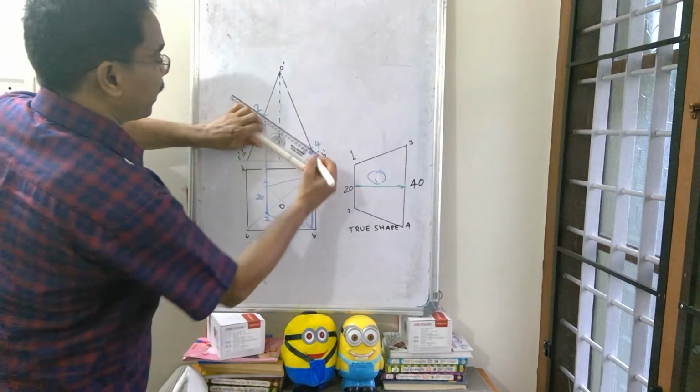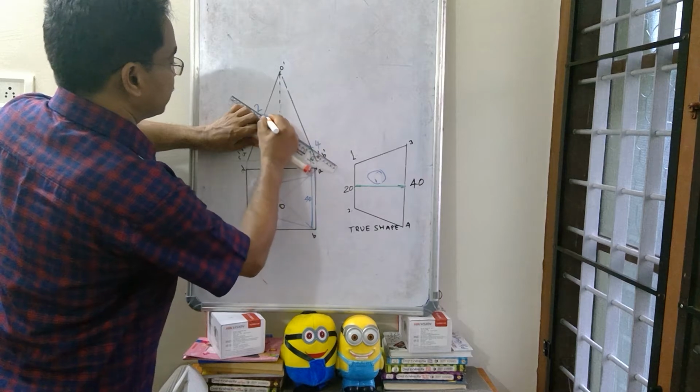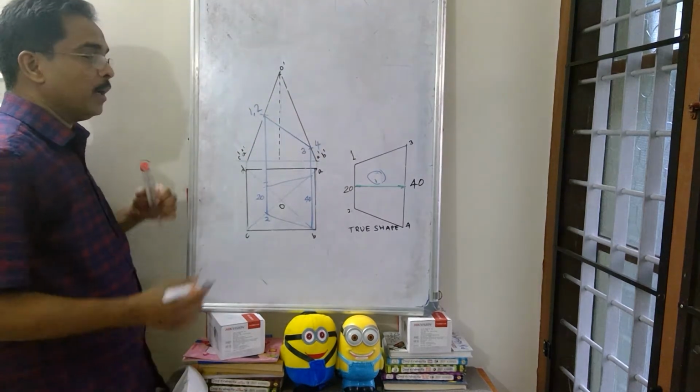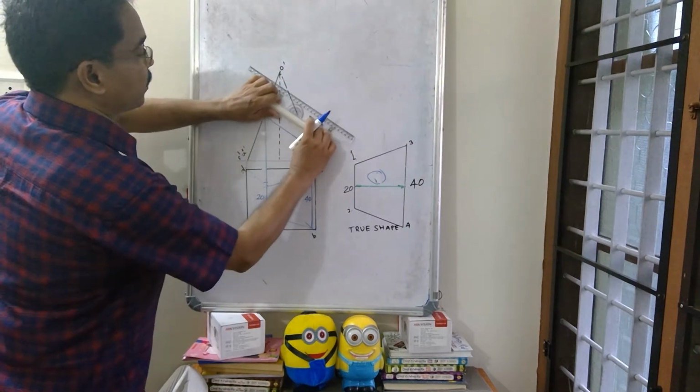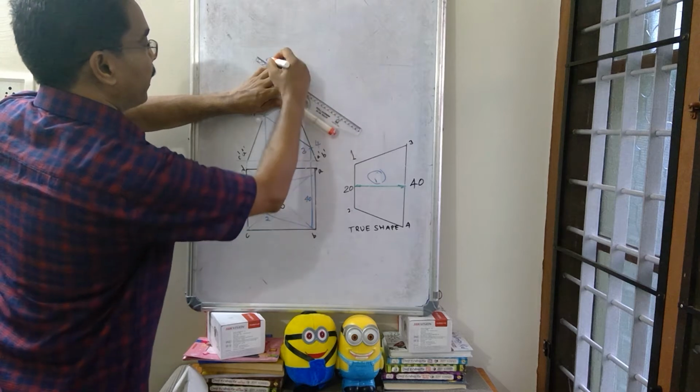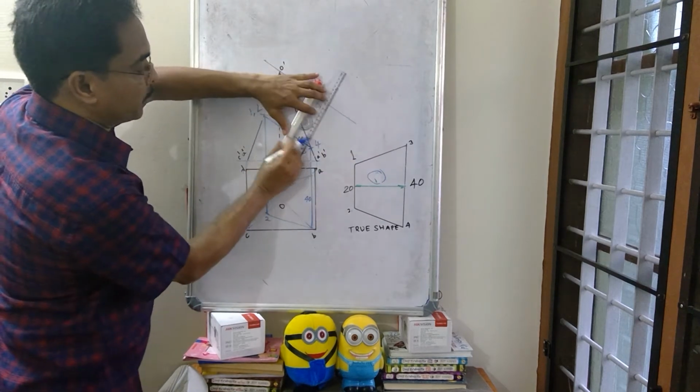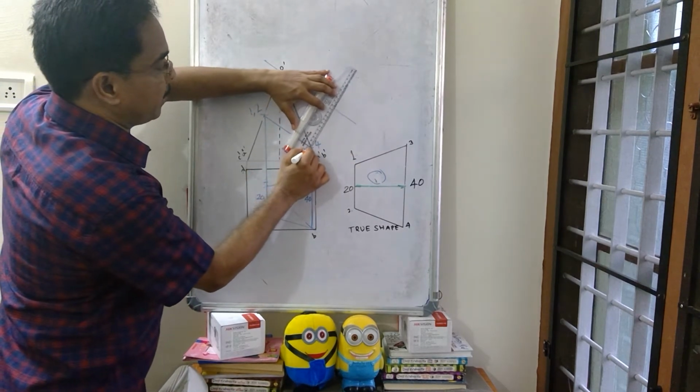Now I can draw the cutting plane this way. The normal practice, in order to get the true shape, is to draw a line parallel to this and project this point, 3 and 4.